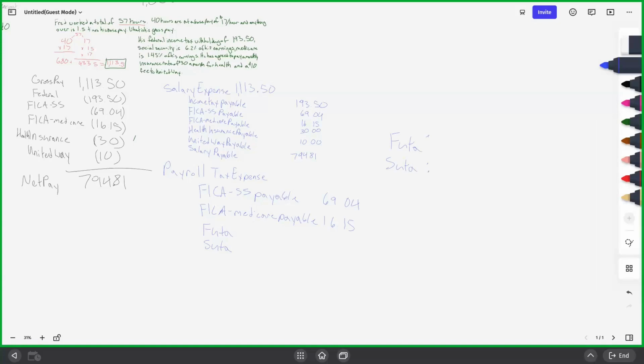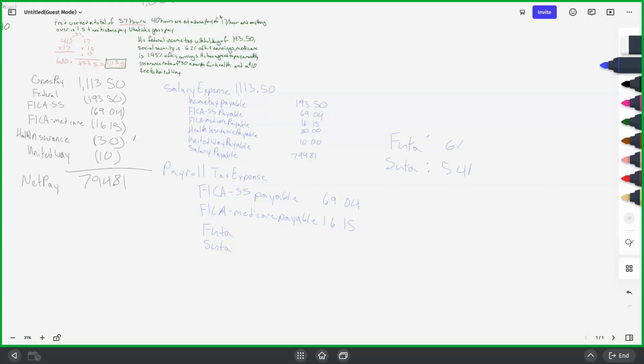FUTA is 0.6%, while state unemployment is 5.4%. And there is a ceiling for each of them. I believe the employee's first 7,000 for the year total is taxed by these amounts.